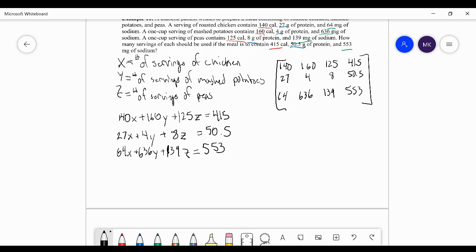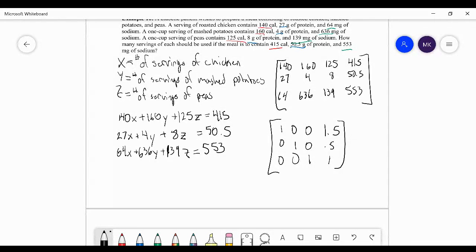Now, using your calculator, you can create the matrix in there, put it into reduced row echelon form, and the resulting reduced row echelon form matrix gives us this.